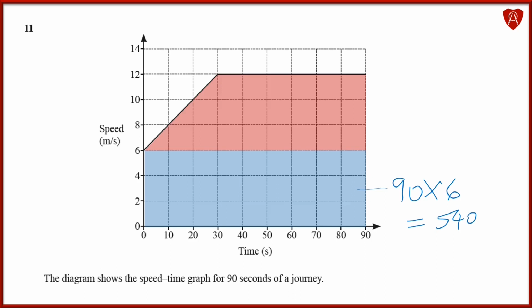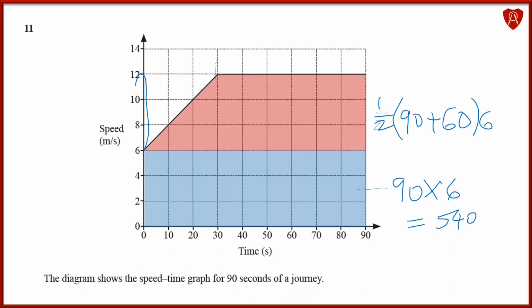The top shape is a trapezium, and one of the lengths is 90. So we have a half times 90 plus the top side, which is 90 minus 30, which is 60, and the height of this is between 6 and 12, so it is 6.